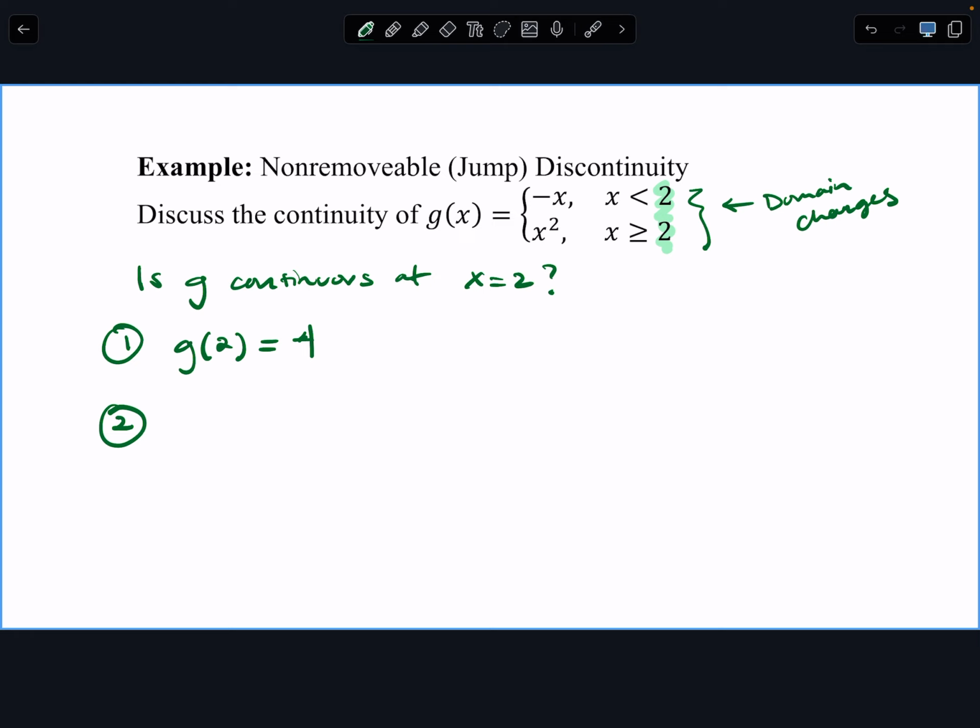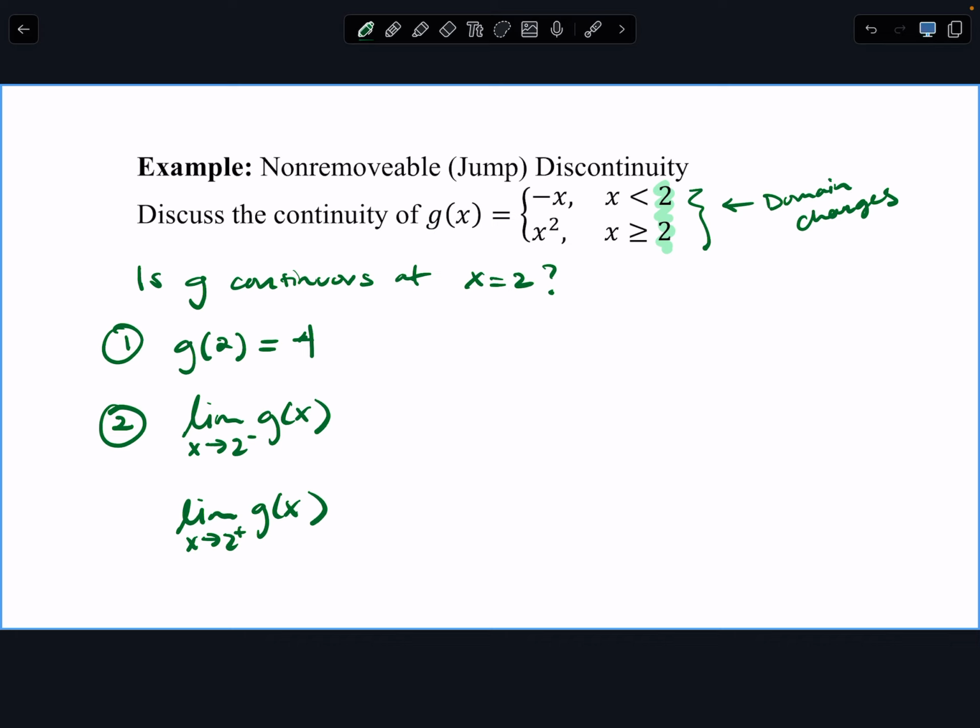However, because this is a piecewise function, where the function changes rules at 2, we must consider the one-sided limits. So we go, okay, the limit as x approaches 2 from the left of g of x. And we're also going to think about the limit as x approaches 2 from the right of g of x.